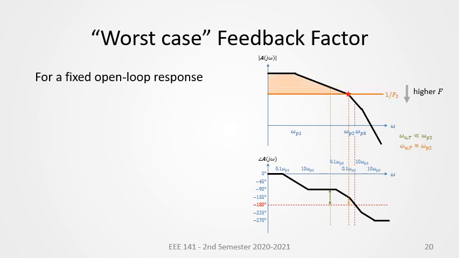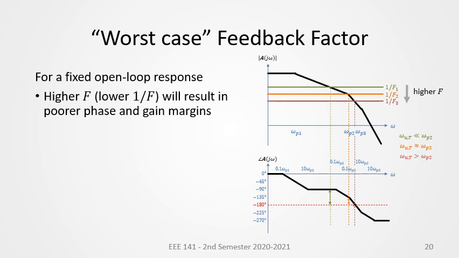For the second case, the loop gain unity gain frequency approximately coincides with the second pole, and we get a phase margin of around 45 degrees. For the largest f, the second pole now occurs earlier, or at a lower frequency than the loop gain unity gain frequency, and we get the poorest phase margin among the 3 cases.